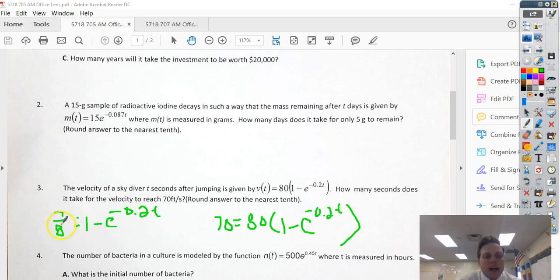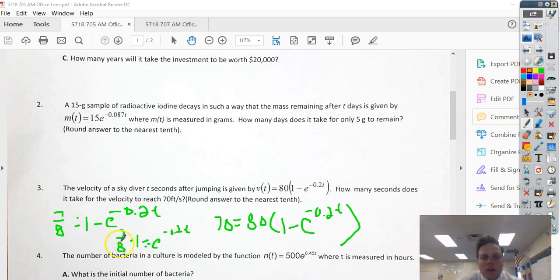I need to subtract this 1, so I get 7/8 minus 1 equals negative e raised to the negative 0.2t. Then 7/8 minus 1 is negative 1/8, but I need a positive e, so I divide everything by negative 1, so I get a positive 1/8.